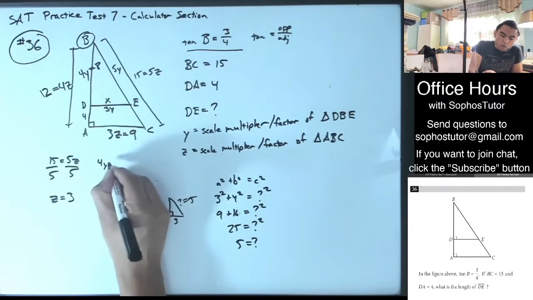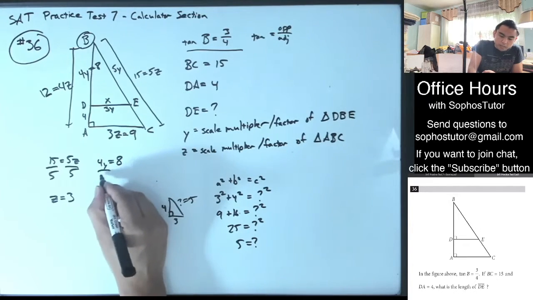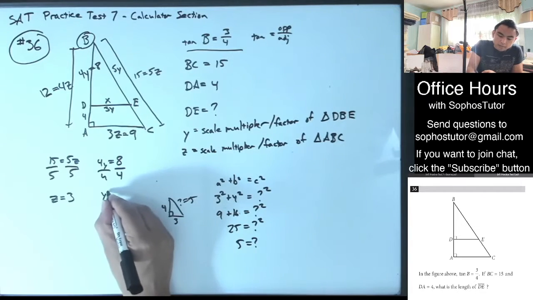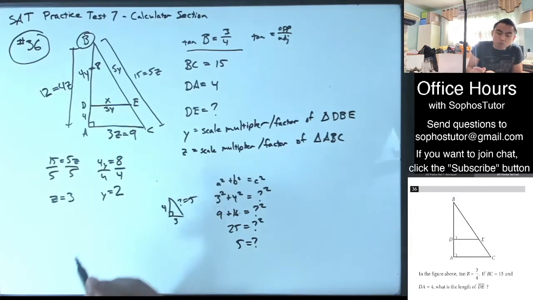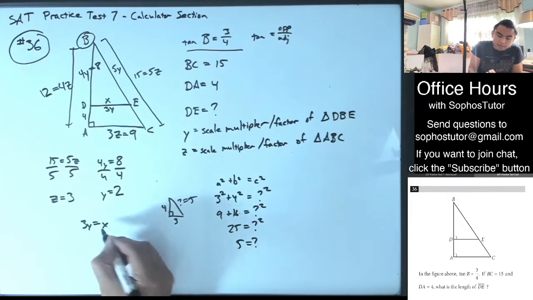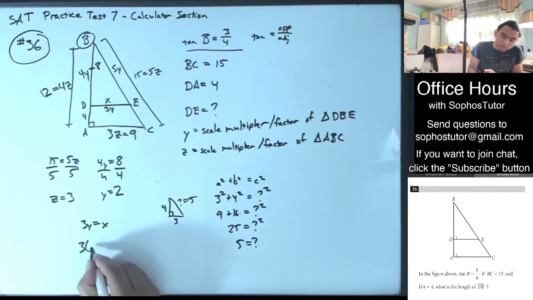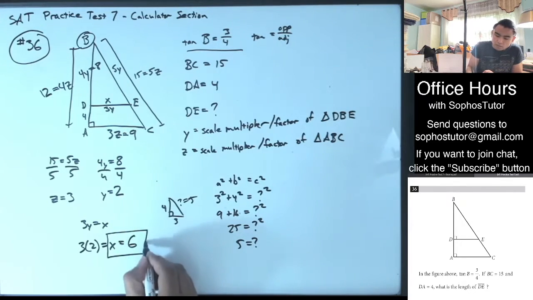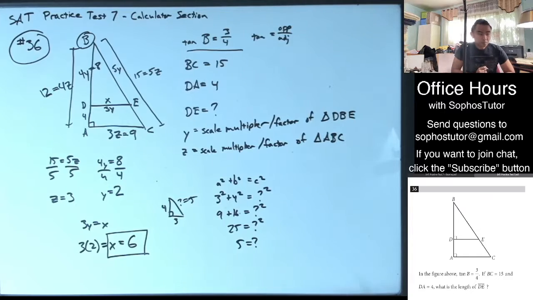And since 4y is now equal to 8, we can now solve for the scale factor of the smaller triangle. In this case, the scale factor of the smaller triangle is equal to 2. And since we know that 3y is equal to x, we're just going to go ahead and plug in 2. And we realize that x is equal to 6, which is our final answer.